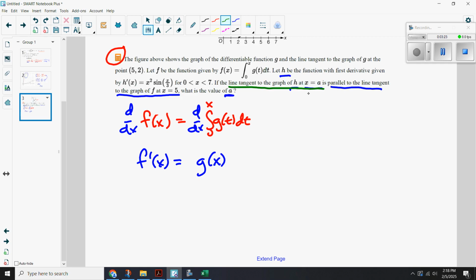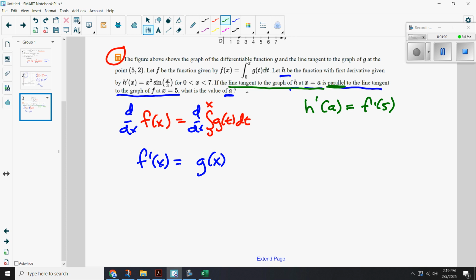Well, the line tangent to the graph of h at x equals a means that h prime of a, that is the slope of the line tangent to h, is going to be equal to f prime of 5, because they are parallel.